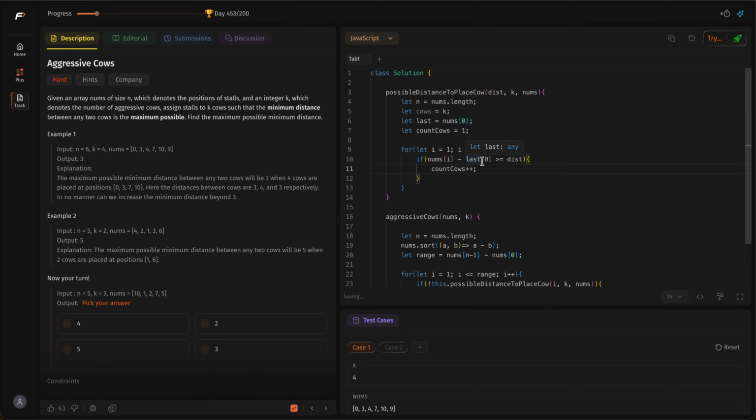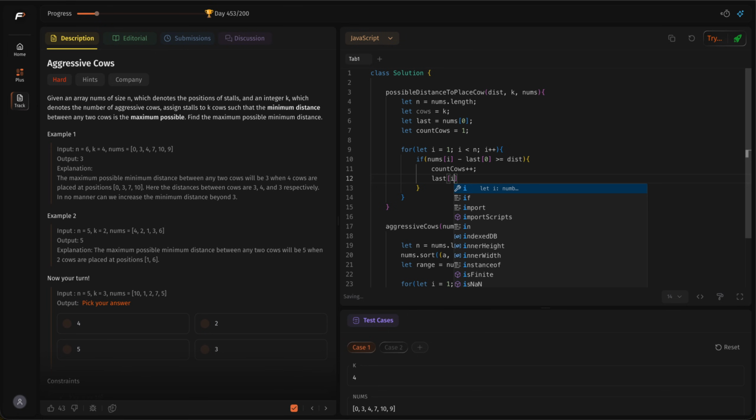If I can place a second cow because the distance which I'm carrying is greater than or equal, then in that case I will increase the count, and in the next iteration, to compare this subtraction value and know whether the distance is greater or not, I will update my last counter, last equals nums[i].